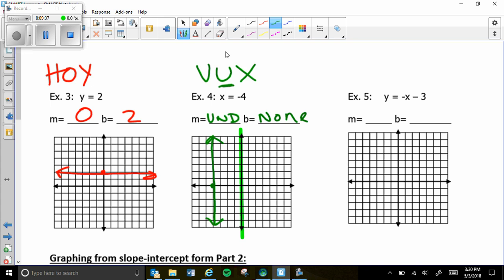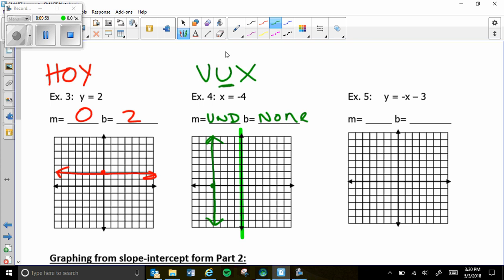It never crosses that line, which tells me that there is no y-intercept. So you need to make sure that if you have an undefined slope, an x equals a vertical line, that you put none for your y-intercept. Don't put 0. There is none. So just make sure that you're careful when you fill that in.